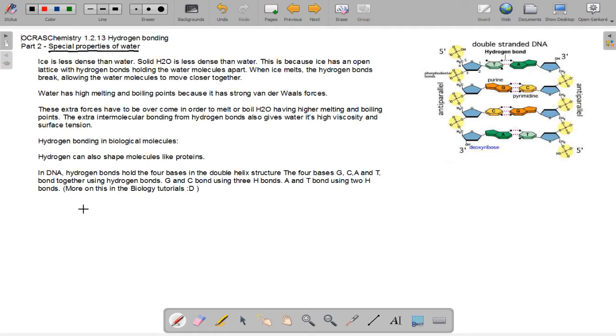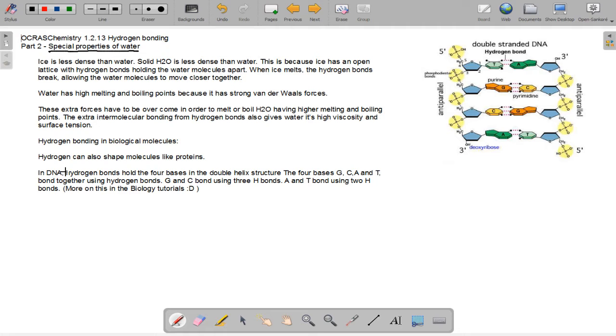Hydrogen bonding in biological molecules. Hydrogen bonds can also be used to shape DNA molecules or proteins. In DNA, hydrogen bonds hold the four bases in the double helix structure. The four bases are guanine, cytosine, adenine, and thymine.